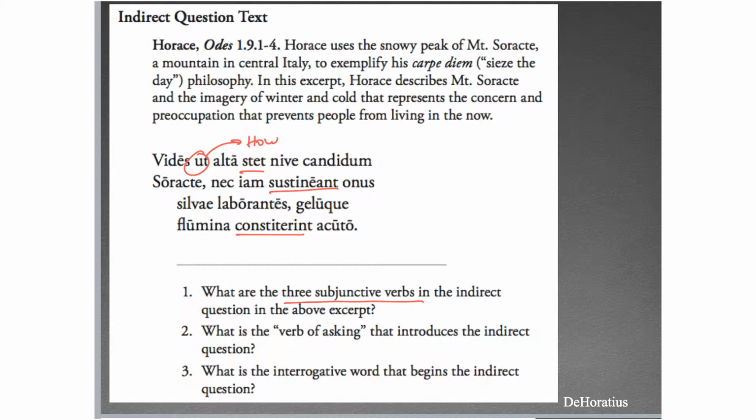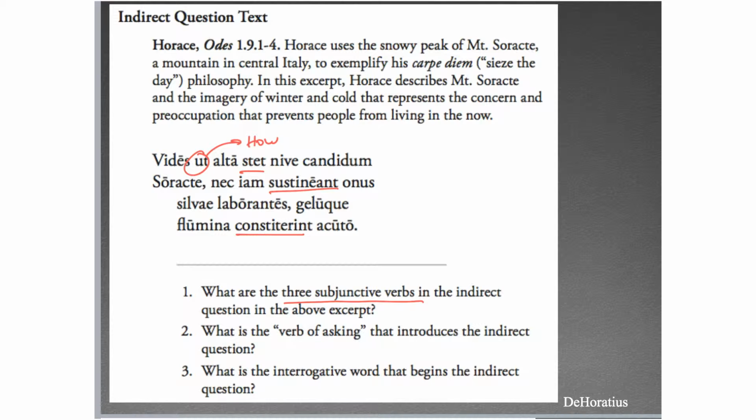So you see how Soracte, which is a mountain in central Italy, stands white with deep snow. And the laboring woods, the laboring forests, no longer bear the burden, the weight of the snow.